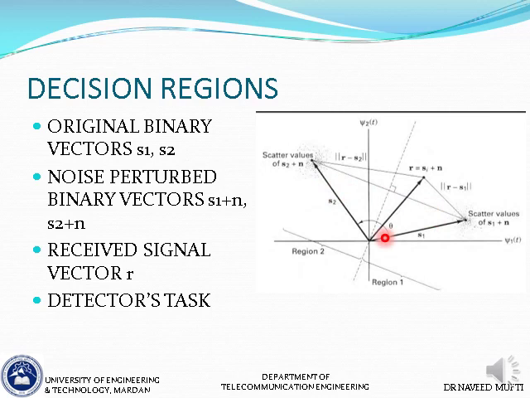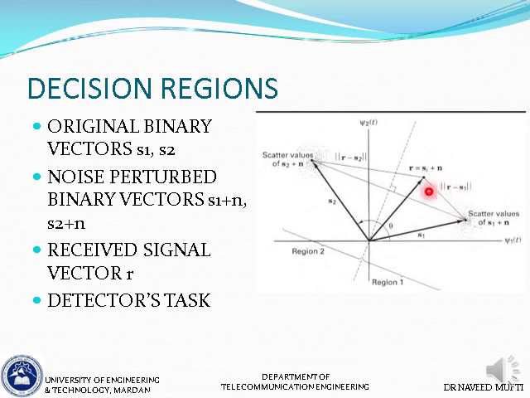For example, for the case where S1 and S2 are equally likely, and if the noise is AWGN, the minimum error decision rule is equivalent to choosing the signal class such that the distance of the received vector from the original vectors is minimized.